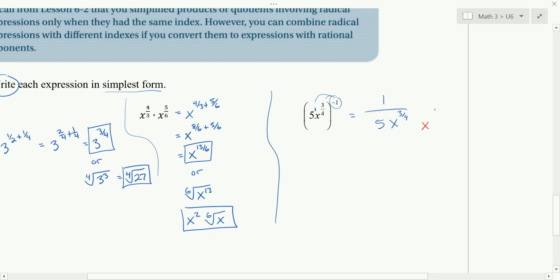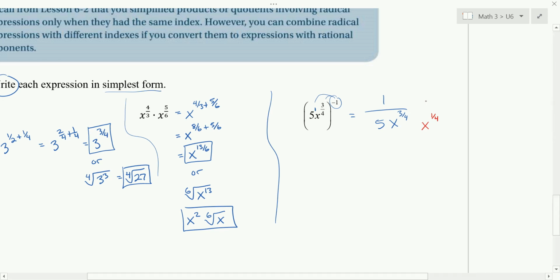What would I want to multiply x to the 3/4 with? X to the what, to get rid of that fraction? How about 1/4? Because when I multiply those together, I add the 3/4 and the 1/4, which is going to make 4/4, 1, and that will get rid of my fraction.